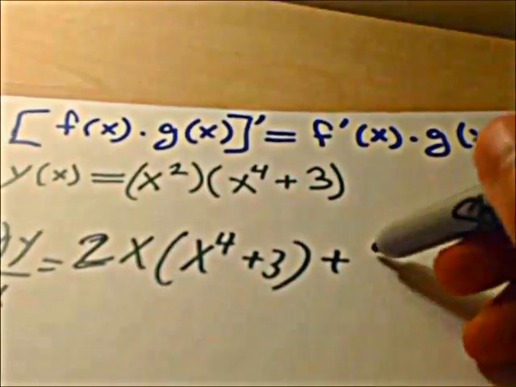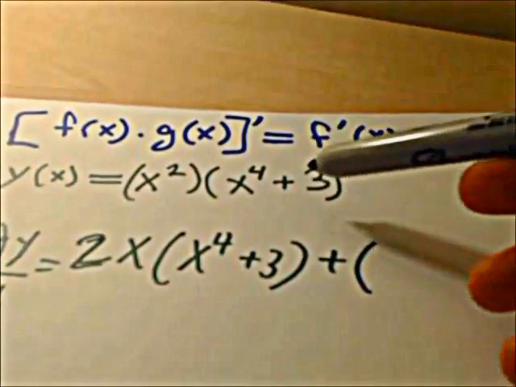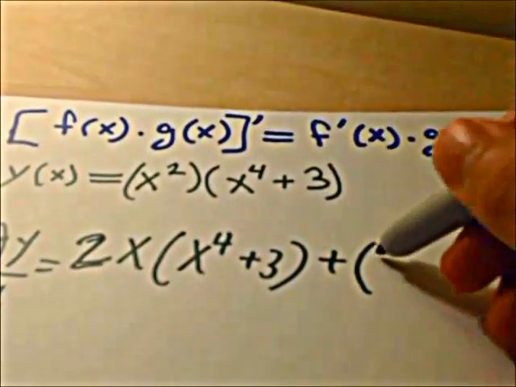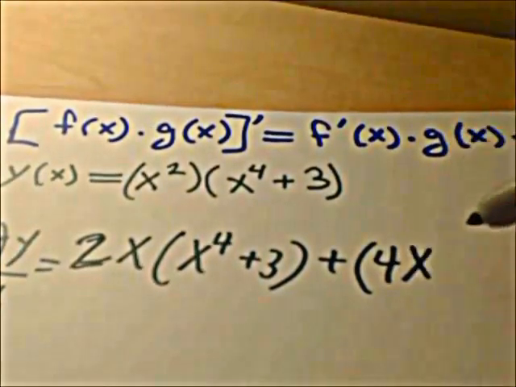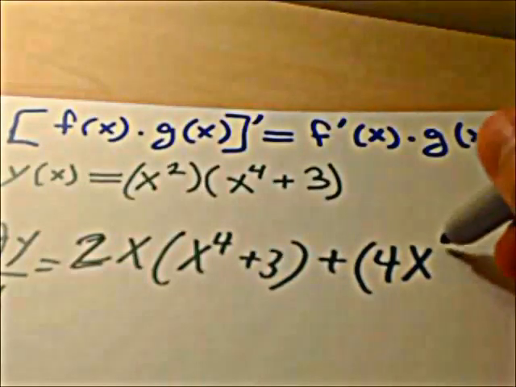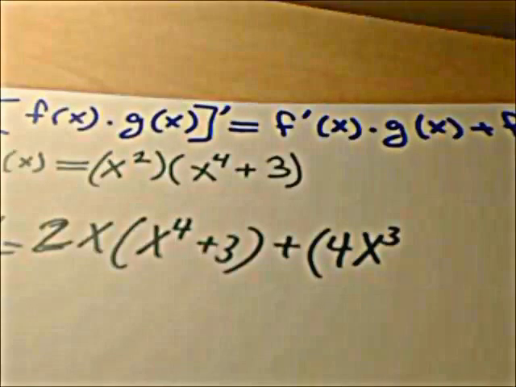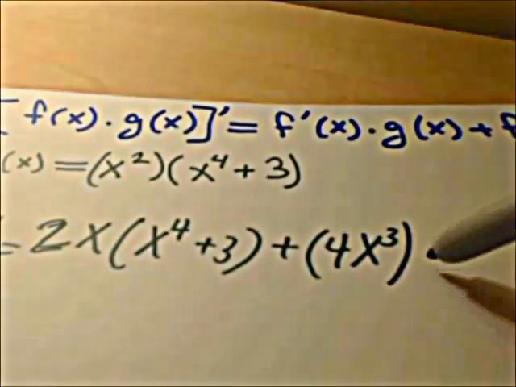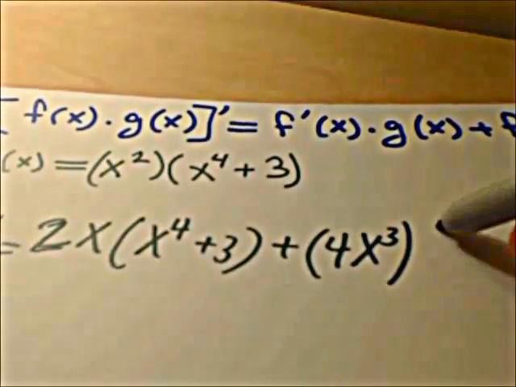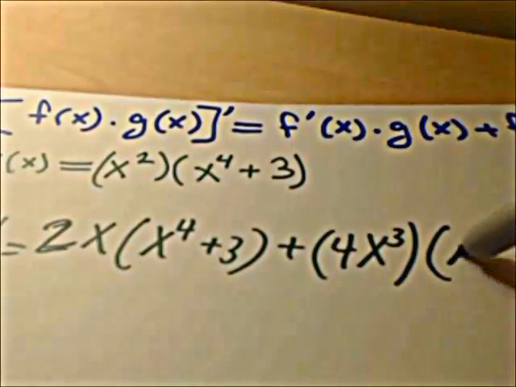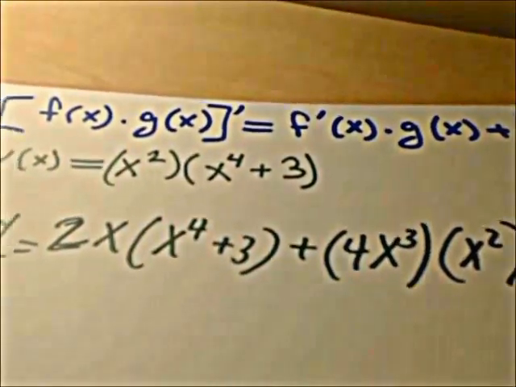The derivative of the second one: x to the power 4, we bring 4 down times x, and we subtract 1 from the power, so that leaves x to the power 3. And obviously the derivative of any number is 0, so we don't have to write it down. Derivative of the second one times the first one, which is x squared, so leave it as it is.